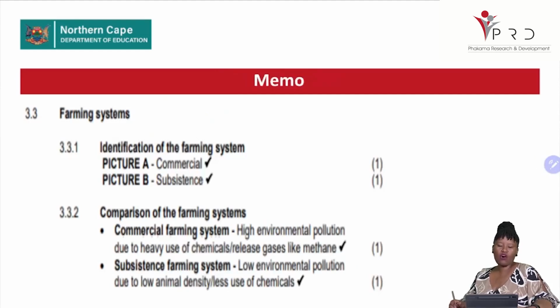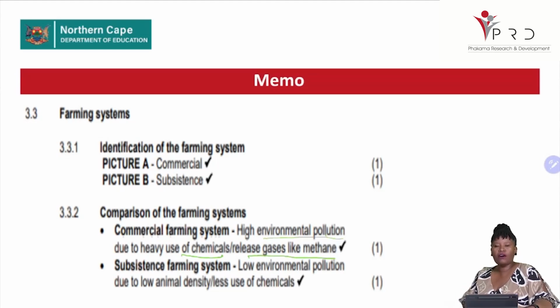Picture A is commercial farming and picture B is subsistence farming. I know you are going to get those marks. Comparison of the farming systems. Commercial farming systems, there is high environmental pollution due to heavy use of chemicals, as they release gases like methane.